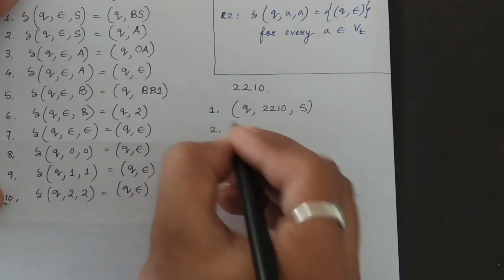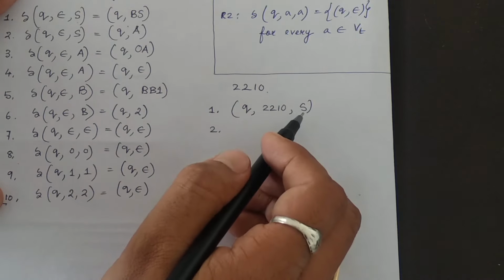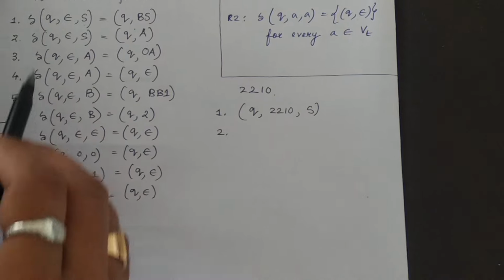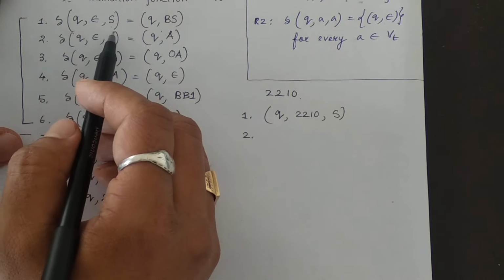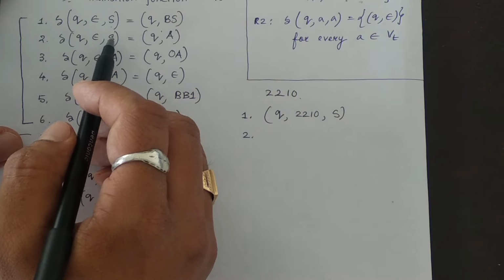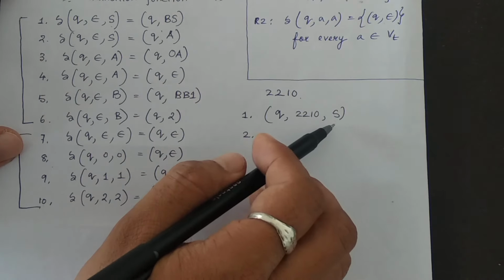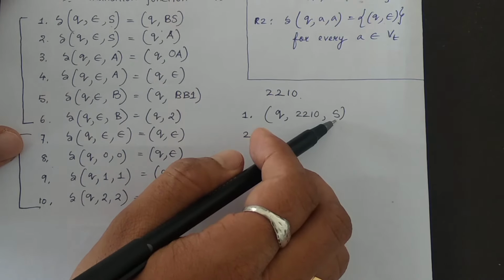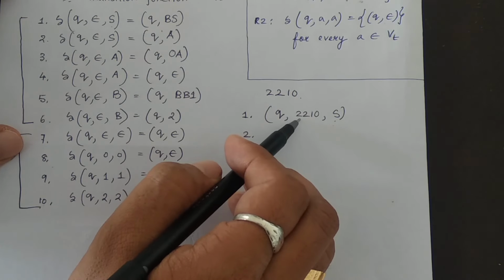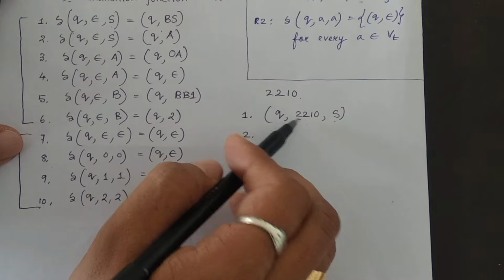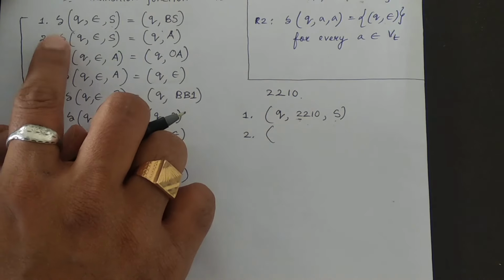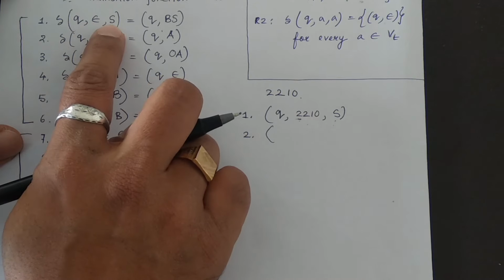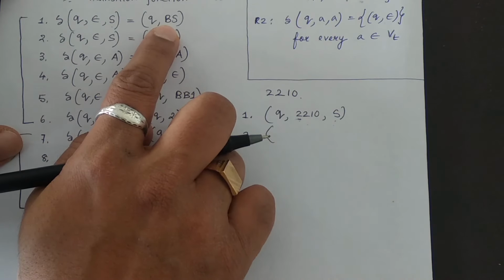Now from S, you have to check over here. Which rule are you going to follow first? That means in place of S, what are we going to substitute in order to reach the first terminal symbol 2? Correct? So I can go with rule number 1, because for S what is derived? BS. Correct?